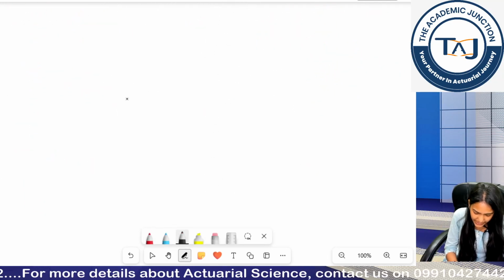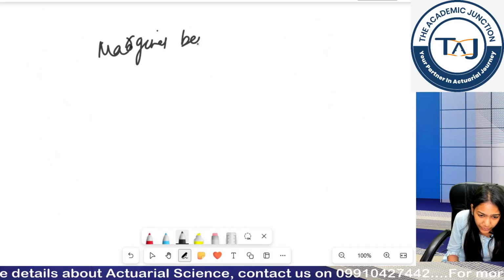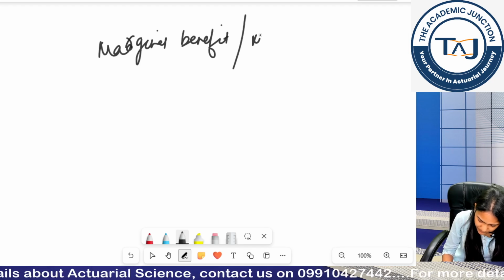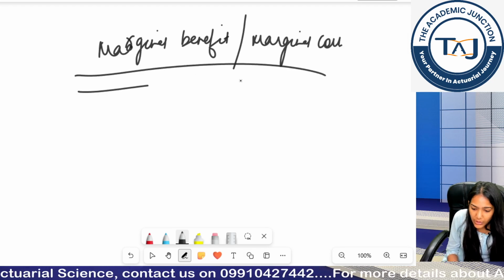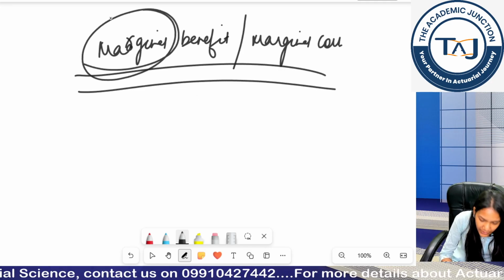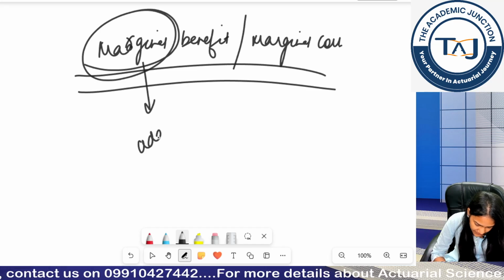Now coming to the next term, marginal benefit and marginal cost. Note that whenever this word marginal comes, marginal basically means additional.